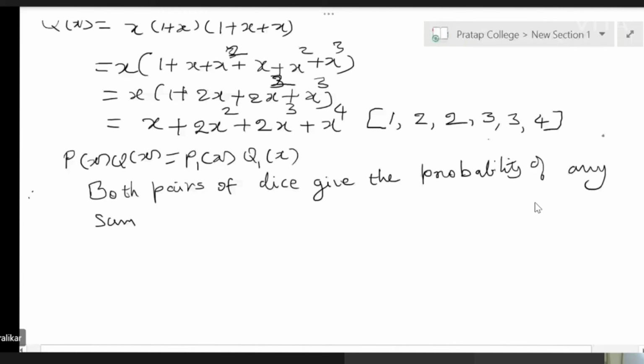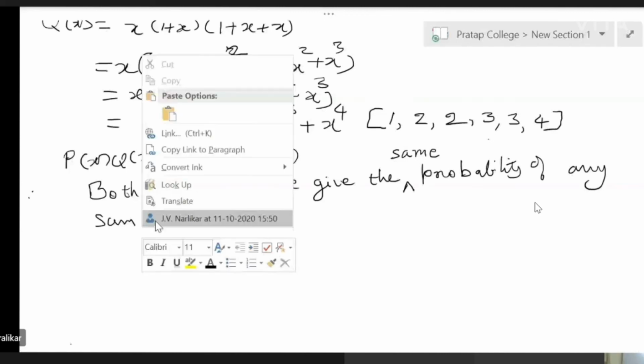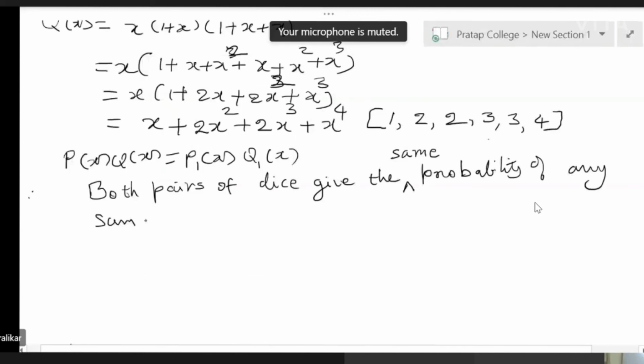I wanted to insert. Yeah, I can insert. Right. Both pairs of dice give the same probability of any sum. The same sums will appear from 2 to 12, and they will be the same coefficients there. Do you see why?